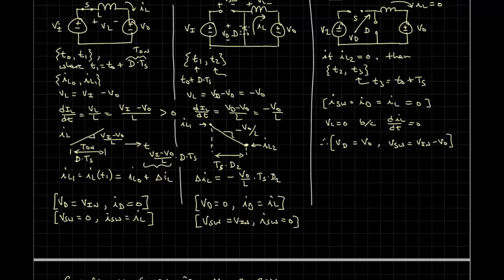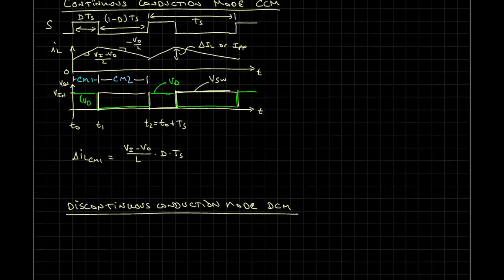And during the off time, it's minus Vo over L times Ts times D2. Delta IL CM2 is minus Vo over L times D2 times Ts. But in this case, D2 is actually 1 minus D, because we're in continuous conduction mode.